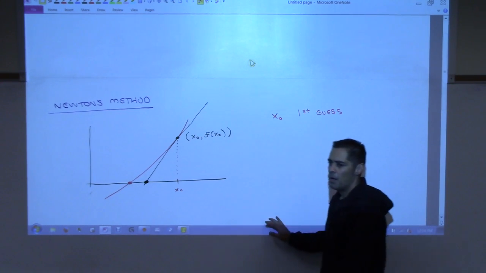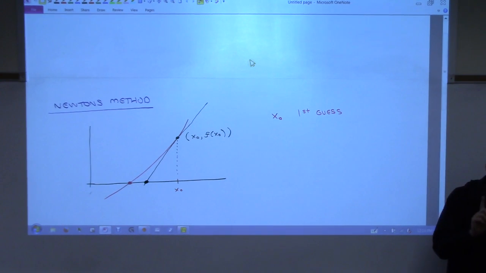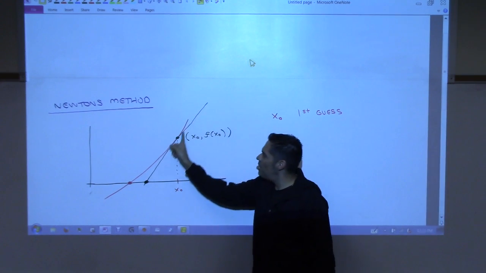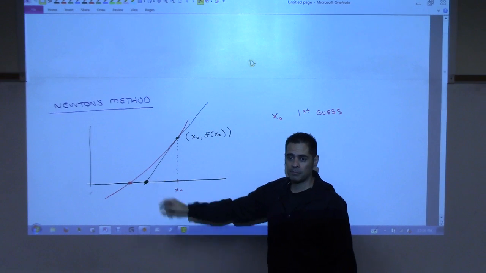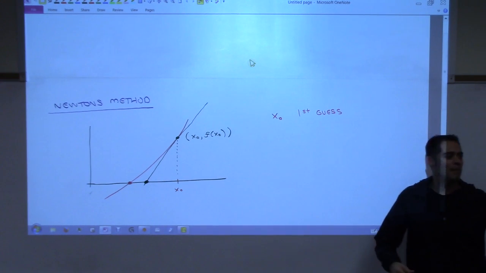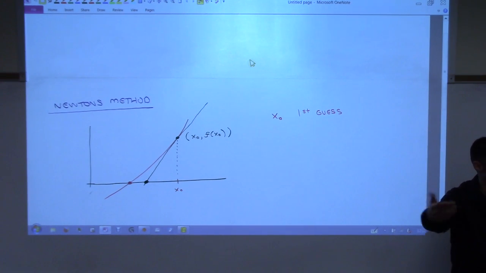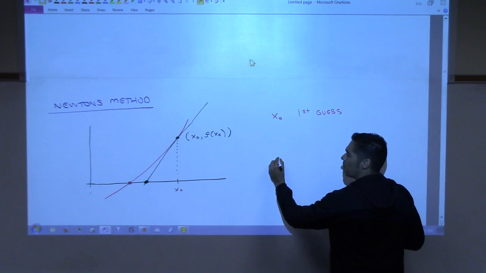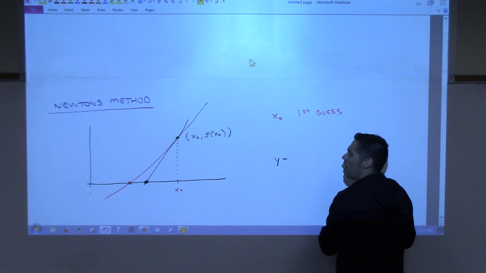I want to know the x-intercept of that line. Do you agree? First, can you give me the equation of that line? What's the equation of this line right here? y minus y1 equals m times x minus x1. That's what we'd use? Okay, so I'd write down y minus, what's y1?